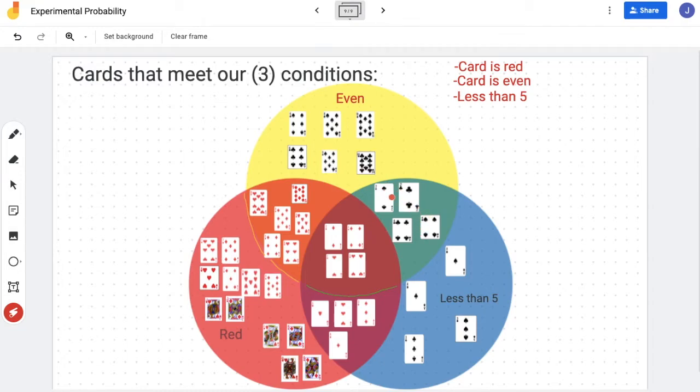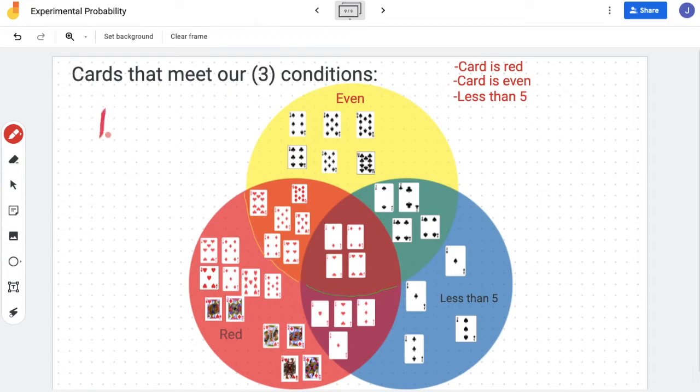But the ones that meet all 3 conditions are going to be in the center. So I've got sections that meet 2 conditions in 3 places, and then I've got all 3 conditions being met right in the middle, and that is the 2 of diamonds, the 2 of hearts, the 4 of hearts, and the 4 of diamonds. So this is a good way to classify visually all the different combinations of outcomes that I could get.